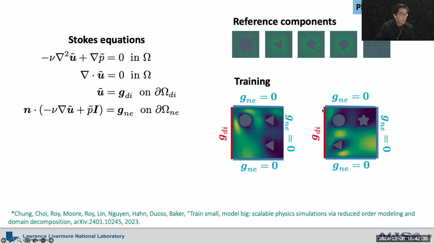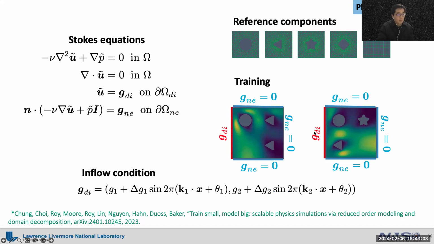For this example, we are solving the Stokes equations, and when you solve these Stokes equations with parameterized boundary conditions, you can generate tons of data, because you are dealing with smaller scale problems, right? And you use that data to train a component reduced model, and you assemble them together.